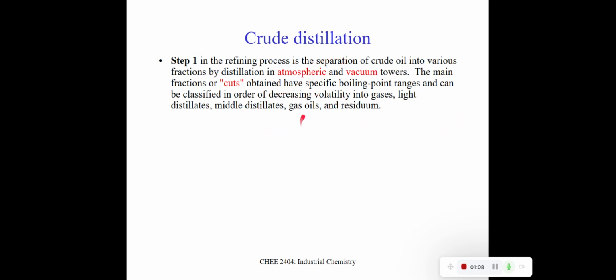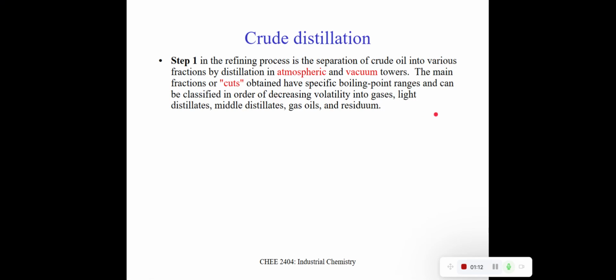The main fractions are obtained by their specific boiling point ranges, by reducing the volatility of the crude oil into gases, medium distillates and high distillates, like gas oils and residuums.